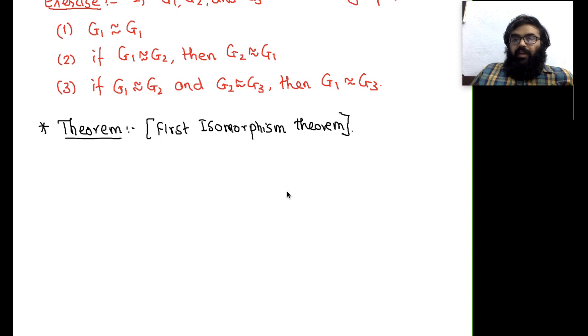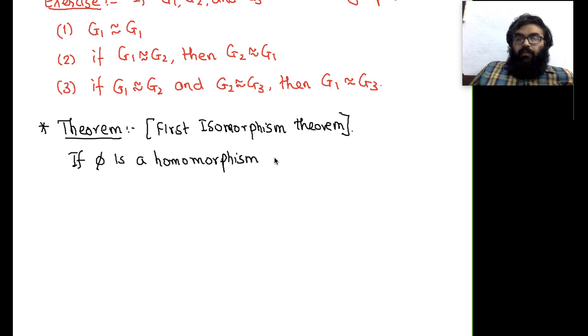So let me first write the statement and give you a hint. If phi is a homomorphism from G onto G bar, onto is there here, with kernel K.